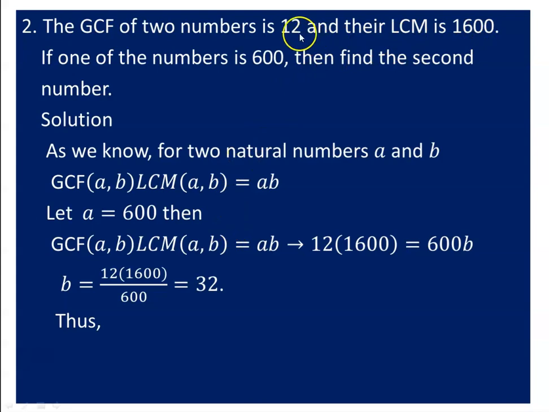So try to multiply these two, 12 and 1600, and that has to be equal to the product of the two numbers, that is 600 times 32. So the product of 600 and 32 must agree with the product of 12 and 1600. In such a way we can assure whether what we obtained is right or not. So the second number, the one we were looking for, is obtained now, it is 32. I hope you have understood the basic concept of this GCF and LCM.